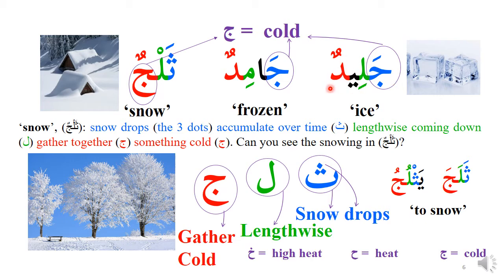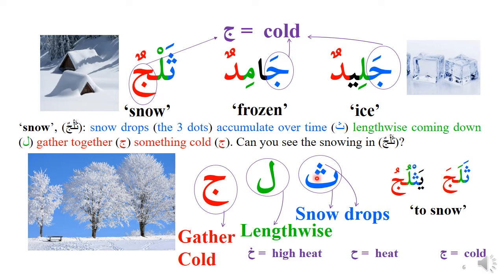So Jalid means ice, which is something solid, and Jamid is the same. When things get frozen, it becomes solid. Saljun means snow. It's solid, but not as much solid. That's why the Jim is placed as the last letter.